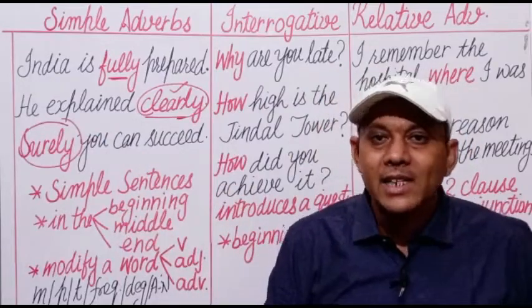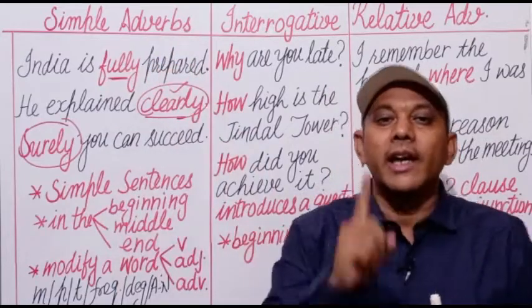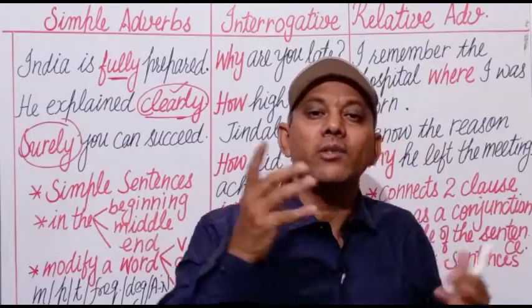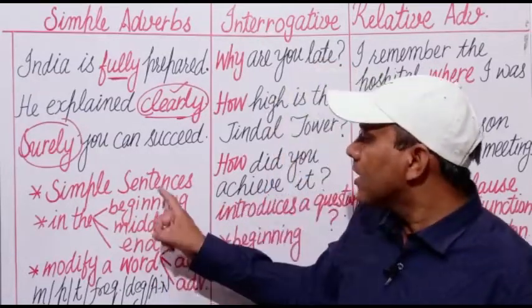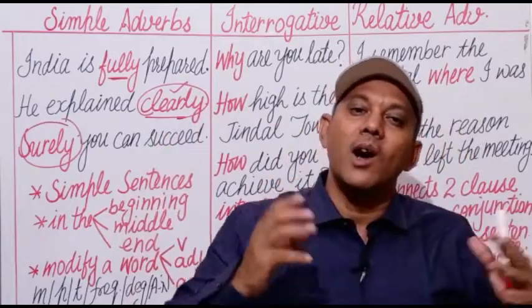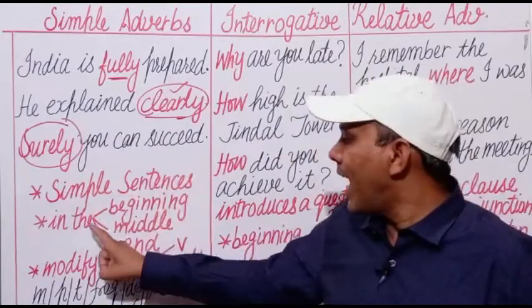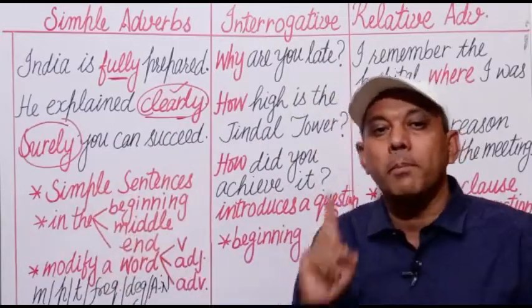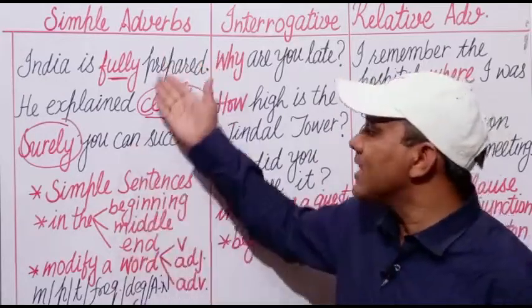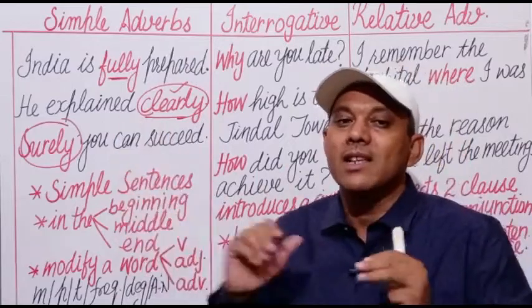We can say that a simple adverb can be used in the beginning, in the middle, or at the end of the sentence, but it is used in simple sentences only, as you have seen with the help of the above examples.